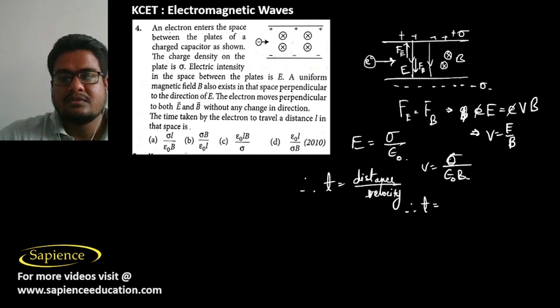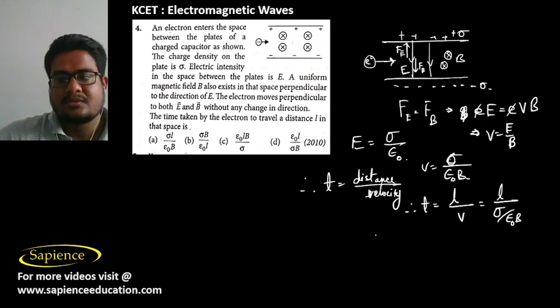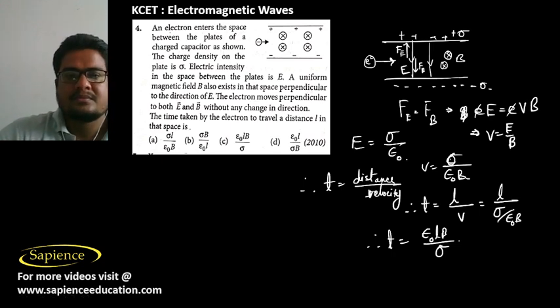So therefore, T will be equal to the distance L by sigma by epsilon naught B. So T will be equal to epsilon naught LB by sigma. And C is the correct answer.